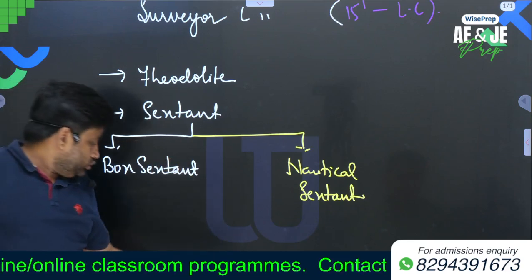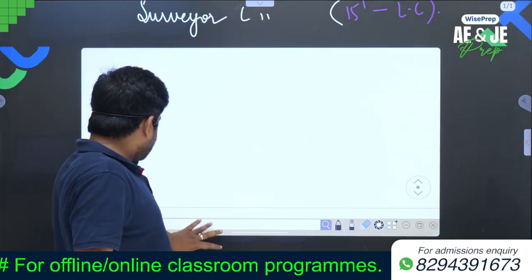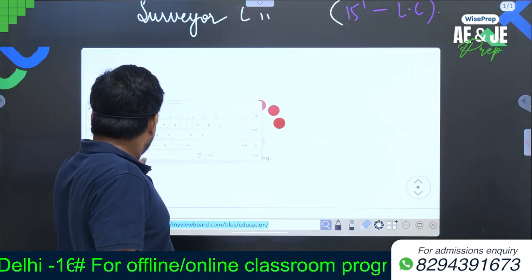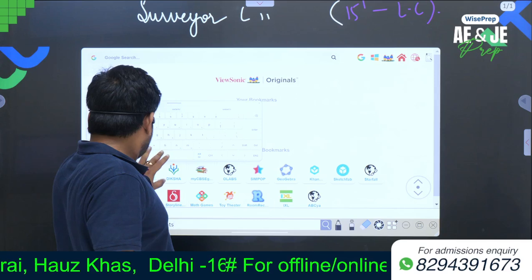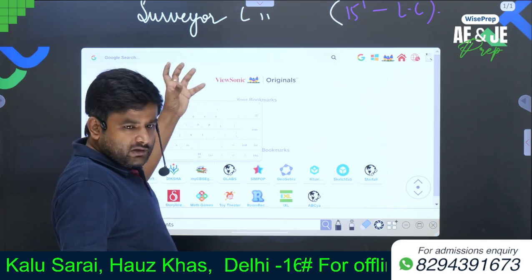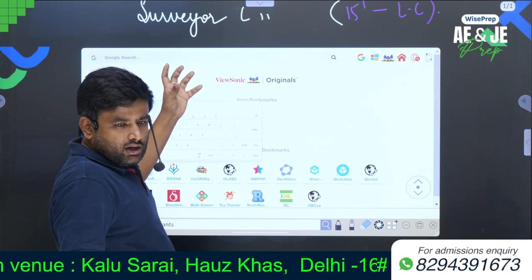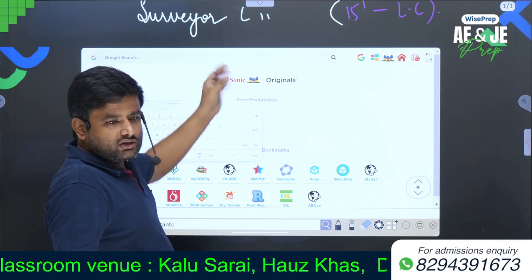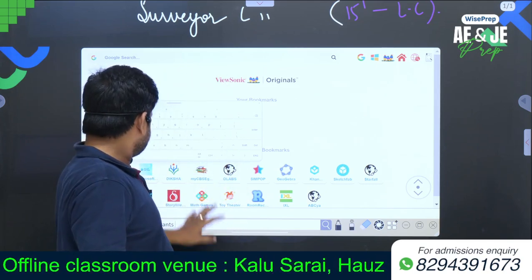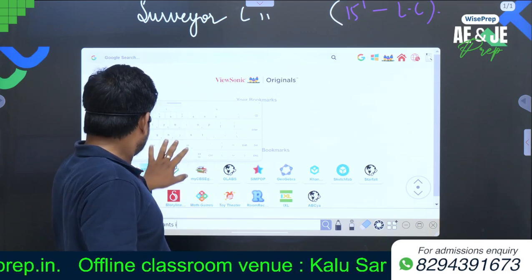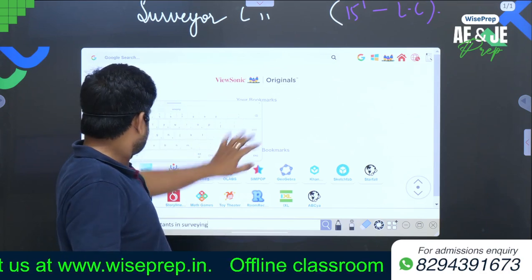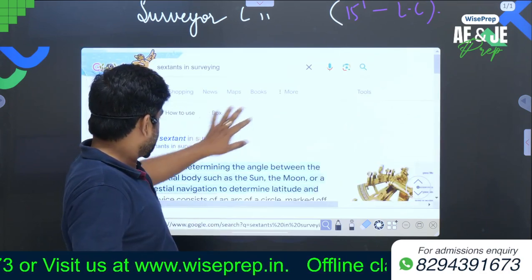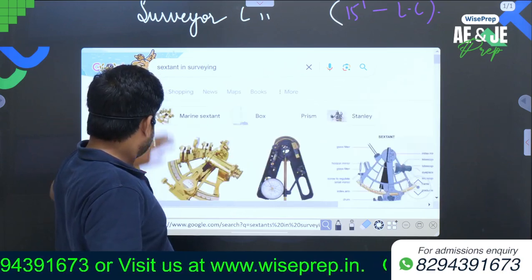Let's see how sextants look, because sometimes a figure will be given in the question and the examiner will ask which instrument this is. It is like this way.